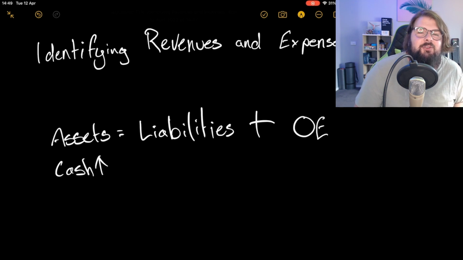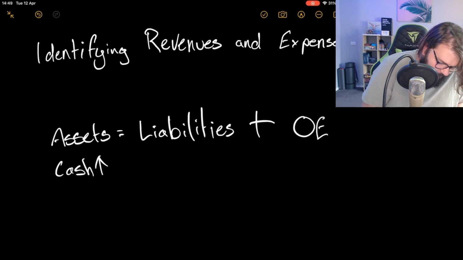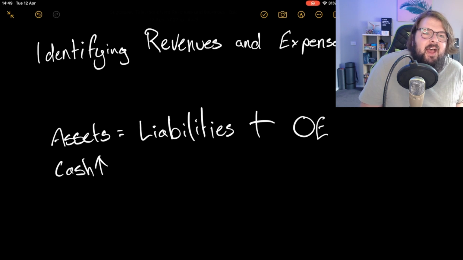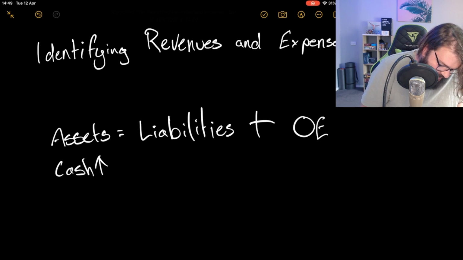So I know my assets are increasing. But then I have to think, do I owe anyone any money? Or do I have to pay someone anything? Well, I have a GST part of it. So I've got cash that's GST.